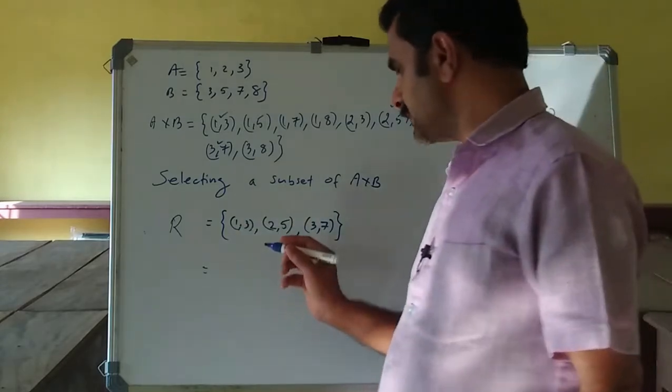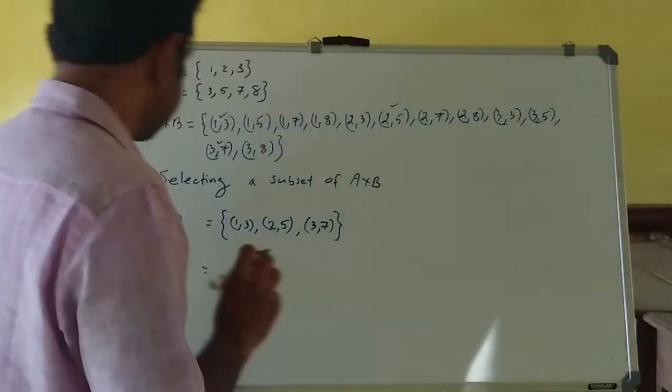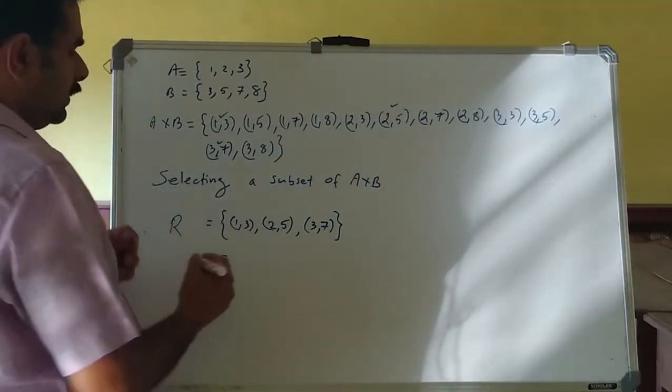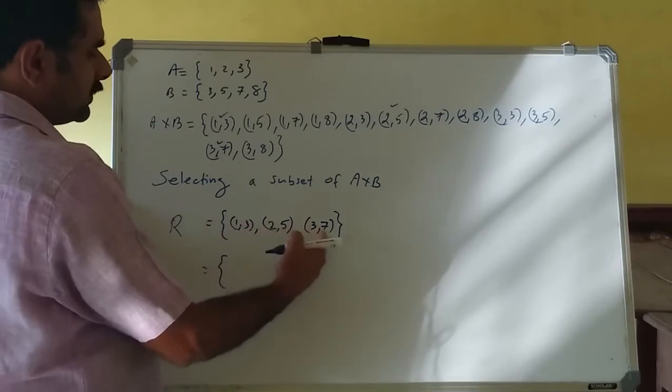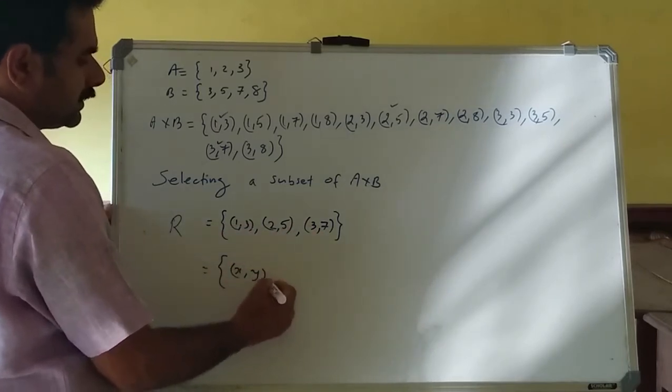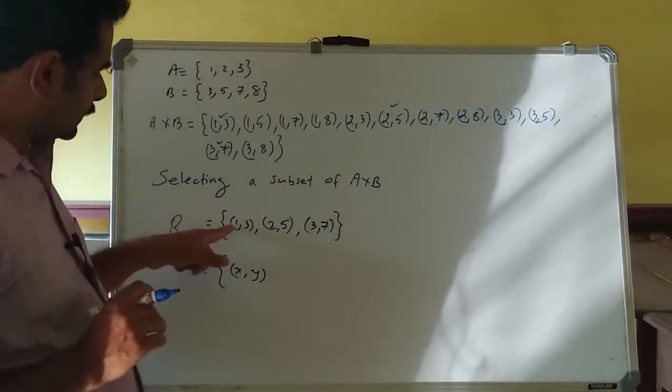That is, this capital R can be rewritten as what? All the elements of the set are of the form (x, y), isn't it? First number x, second number y.